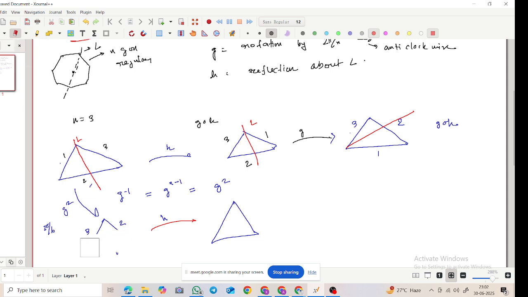It is not a random red arrow, if you realize. 1 is here, and the red arrow has always been between 1 and 3, you see. H is reflection, so the red arrow will be there, and 2 will be here as always.